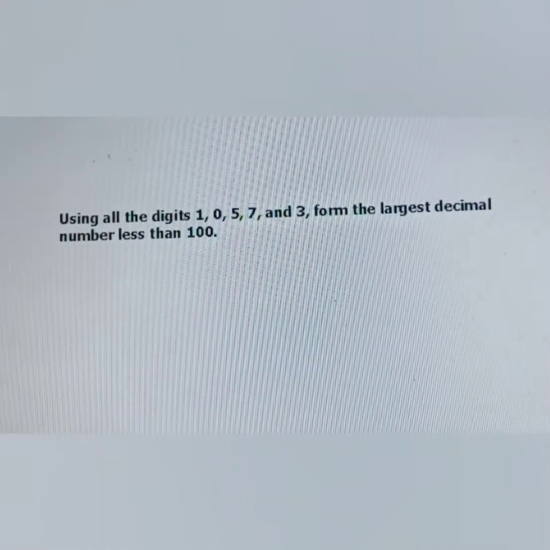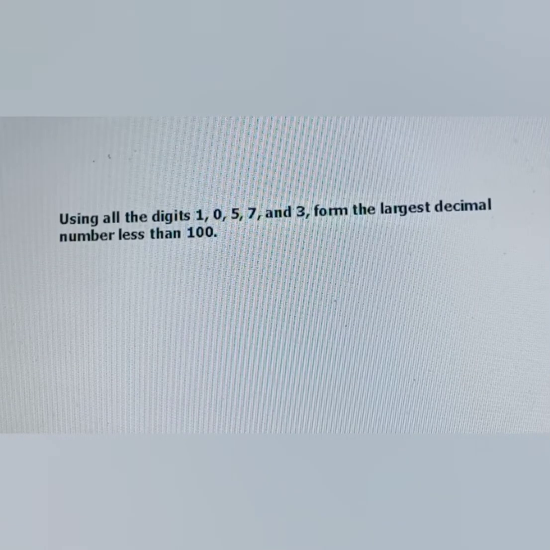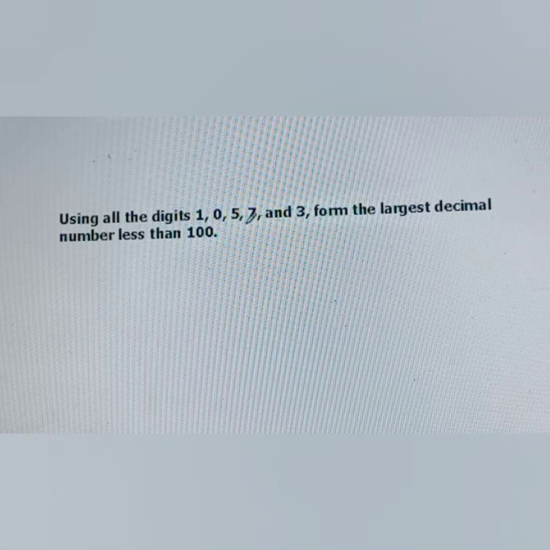Okay, let's have the last activity. Using all the digits 1, 0, 5, 7, and 3, form the largest decimal number less than 100. So, if you notice, the biggest number you can form less than 100 is using the 7 and the 5. That is 75, right?